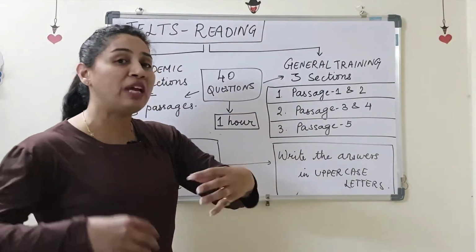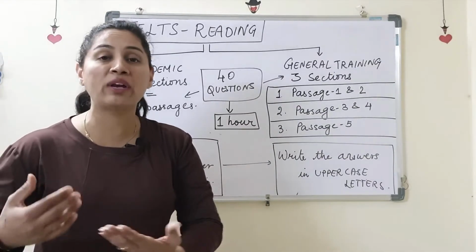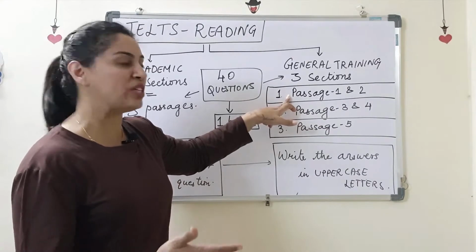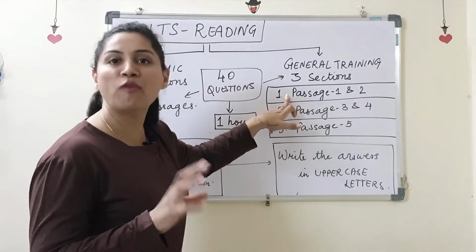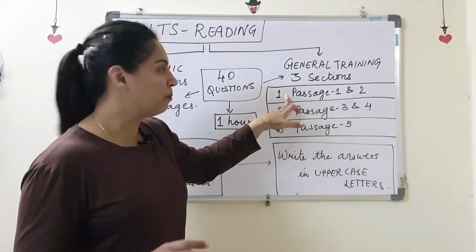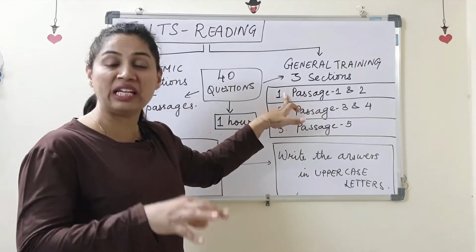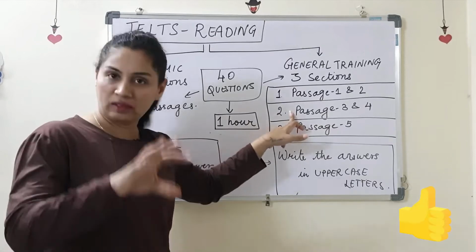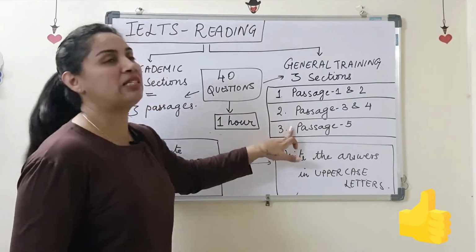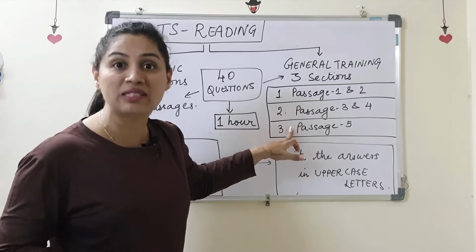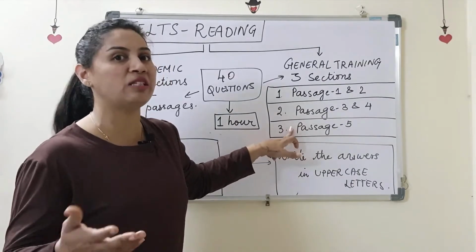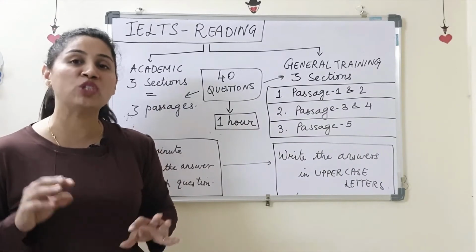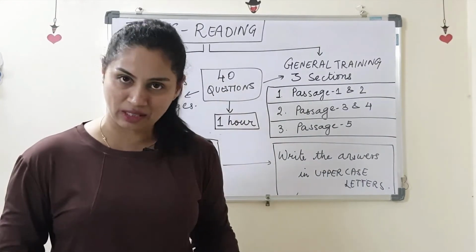Section 1 of IELTS General Training reading has around 13 or 14 questions, the second section 13 or 14 questions, and the third section again around 13 or 14 questions. Overall, the total is again only 40 questions.